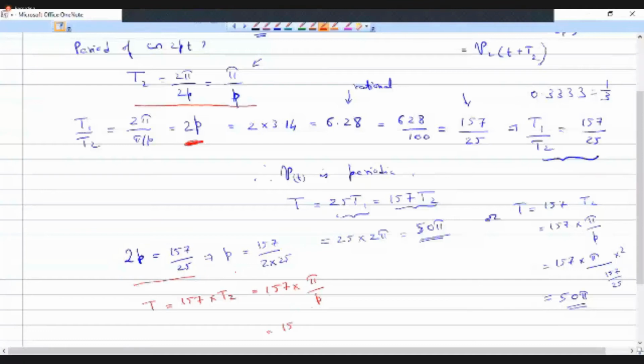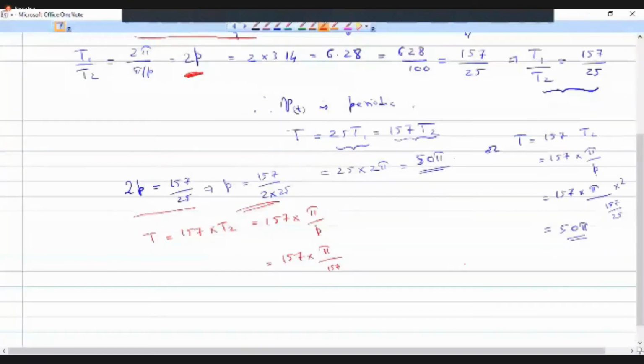The 157 into pi divided by 157 divided by 2 into 25. Okay. So these will get cancelled. Taking this to the numerator, so that will be 2 into 25 pi, right? So this is equal to 50 pi.